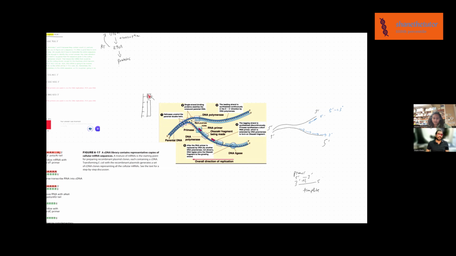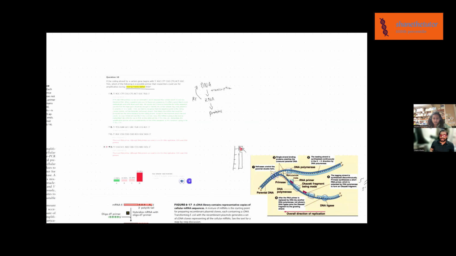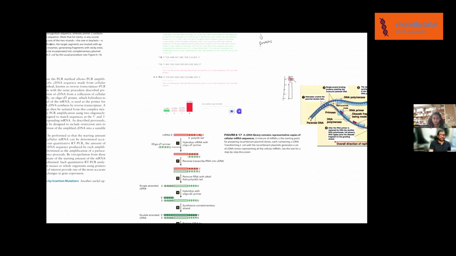Yeah, that's perfect. So the primer's there because it needs to start things out, leaving a 3' end, and then it can further polymerize. And in DNA replication you have RNA primers, but in PCR you continue with the DNA primers.